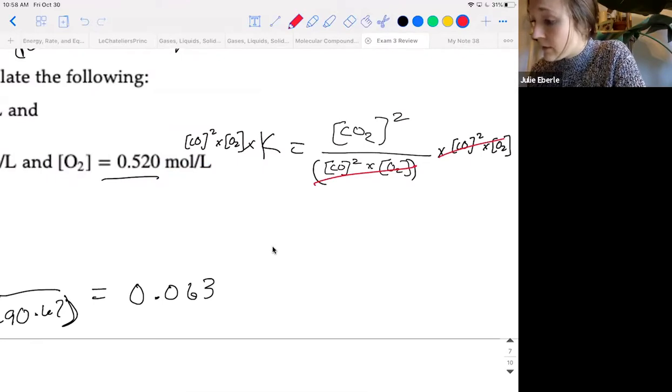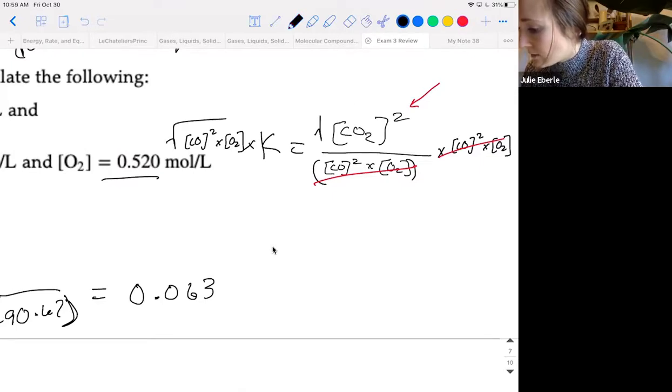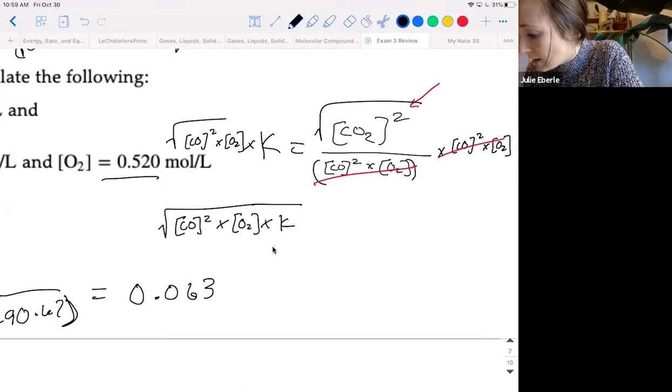And then we have to undo this square here, because we don't want the concentration of CO2 squared, we just want CO2. So you just take the square root of both sides after that. What you end up with is the square root of CO squared times oxygen times K, and that is equal to the concentration of CO2.